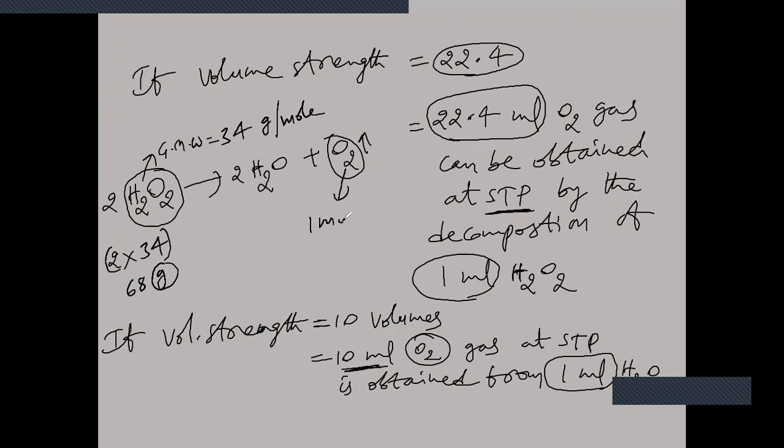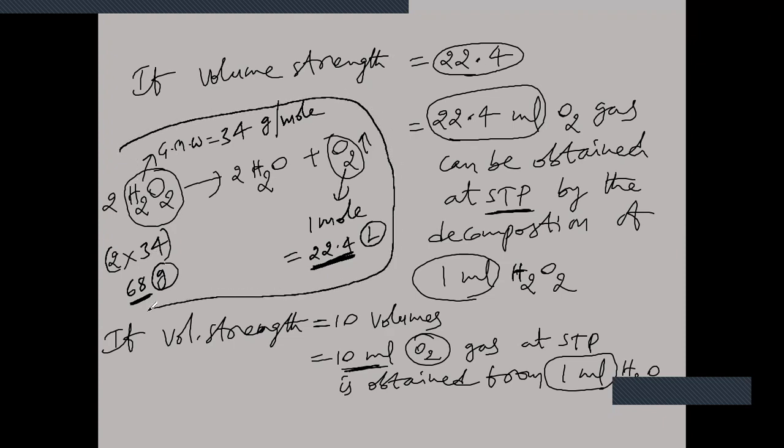So if 68 grams of H2O2 decomposes, we are getting how many moles of oxygen gas? 1 mole. 1 mole of oxygen means how many liters? 22.4 liters. So 22.4 liters of oxygen is coming by decomposition of 68 grams of H2O2. This concept is taken from the balanced equation of decomposition of H2O2.